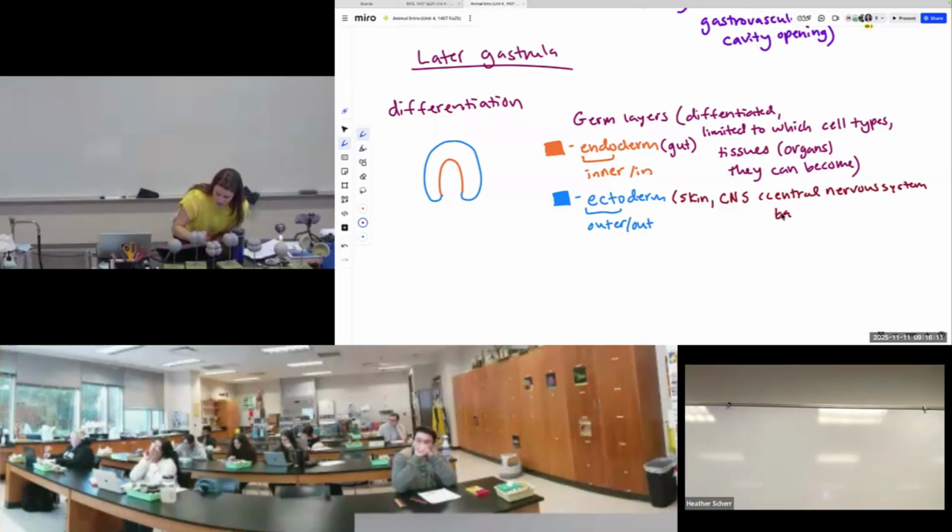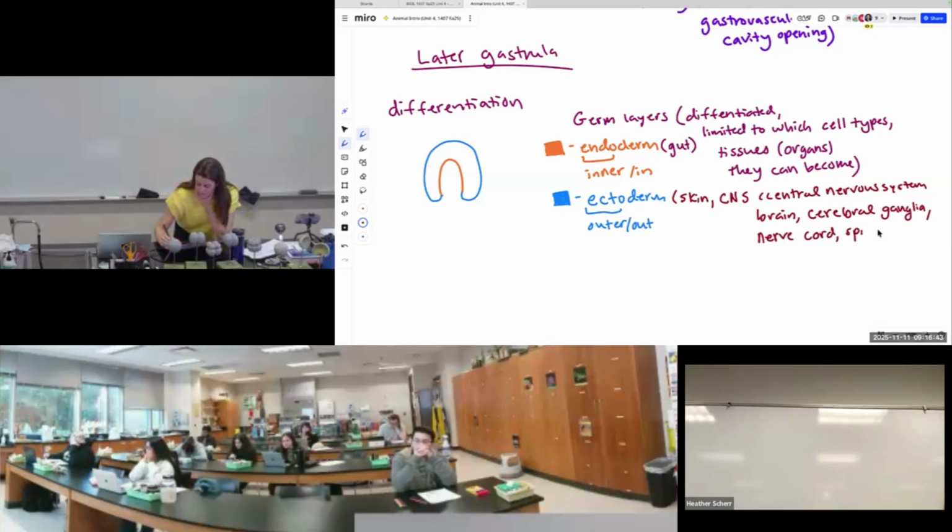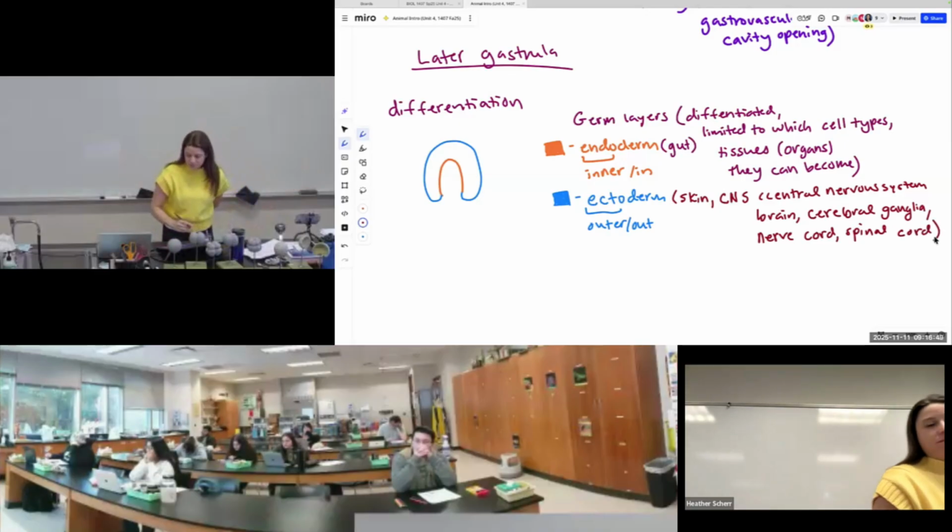So it's going to be things like brain, cerebral ganglia, sort of like a brain, but not as well developed. Ganglia means collection of neurons. We'll see that in the earthworm. Nerve cord, spinal cord. So all those kinds of features, just not the side nerves and stuff.